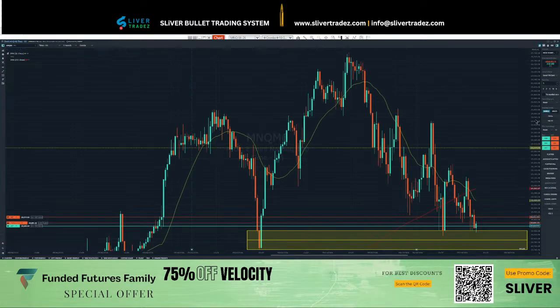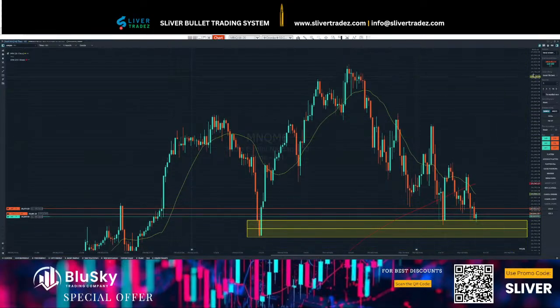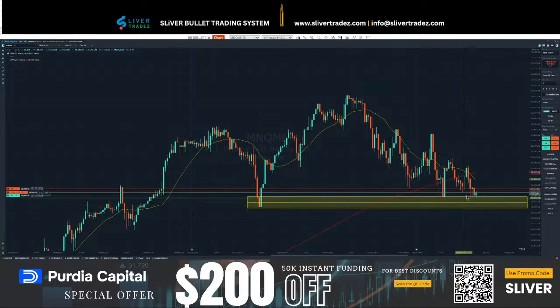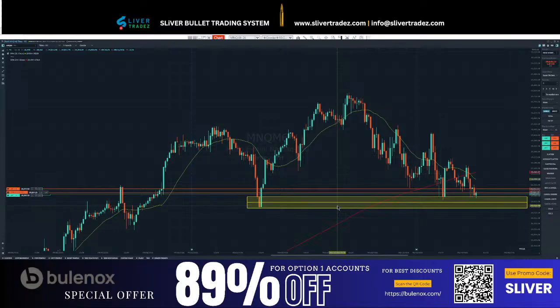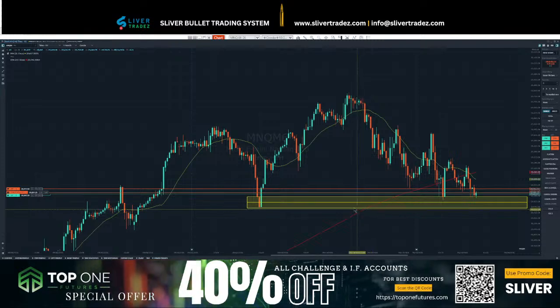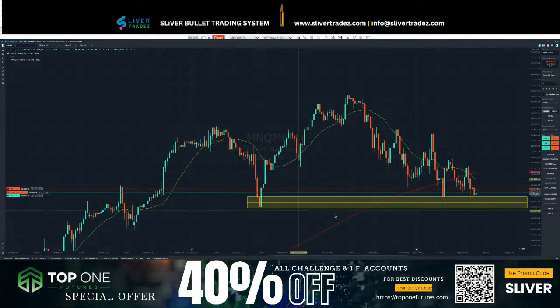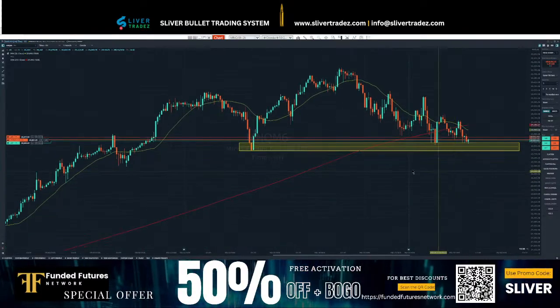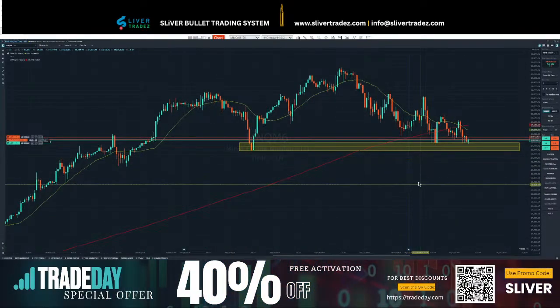And those who joined yesterday would know that I had drawn a support level here, and the market touched the support level a couple of times. Until the market breaks this support level, it won't tend to go down.